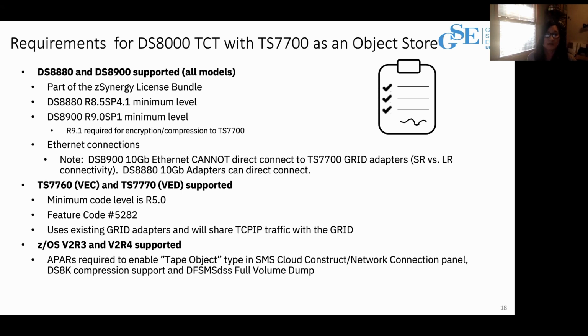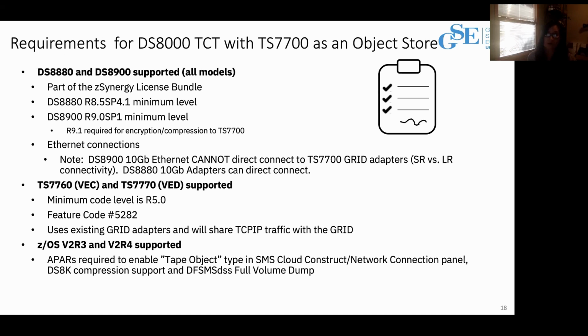As I already said, VEC, VEDs are supported on the 7700 side. Minimum code level is release 5.0. It does require feature code 5282, which is the DS8000 object store feature. That must be installed on any TS7700 that you're going to have as a target for TCT. And on the zOS side, version 2 release 3 or higher is required.